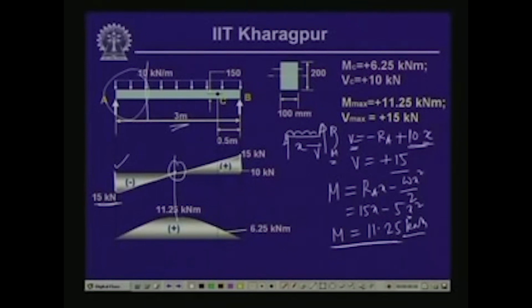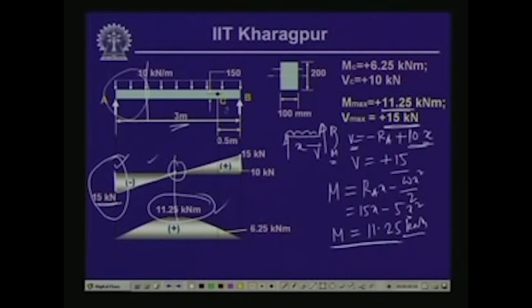Now, what we have to evaluate in this particular problem is the maximum bending stress and the maximum shearing stress. Now, from these particular diagrams, we can see that the maximum value of the bending moment is equal to 11.25 kilonewton meter, and the maximum value of the shear force, which is acting at the support, is equal to 15 kilonewton.